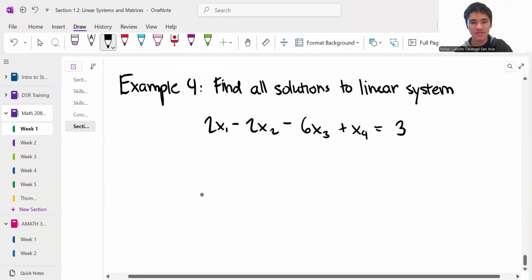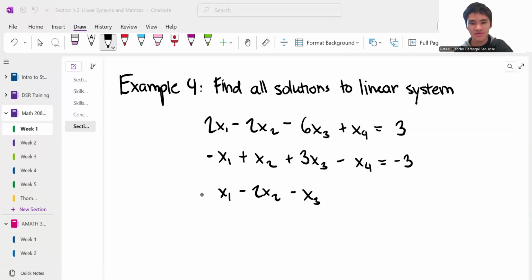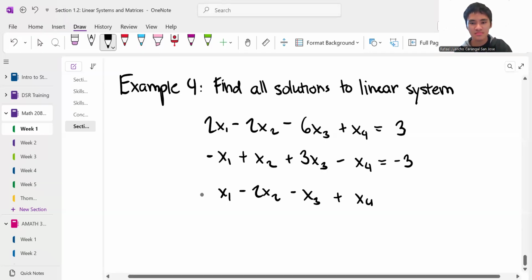Then we have minus x sub 1 plus x sub 2 plus 3x sub 3 minus x sub 4, equal to negative 3. Then we have x sub 1 minus 2x sub 2 minus x sub 3 plus x sub 4, equal to 2.